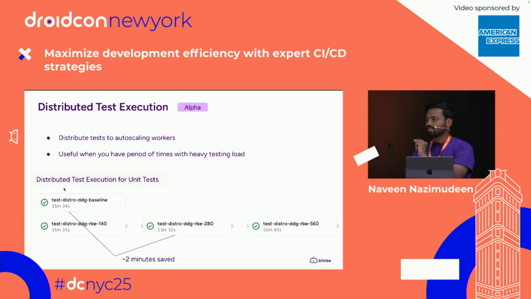This is an alpha right now within Bitrise, and we saw that we could gain 2 minutes for unit tests, which we could not make any gains previously in our parallel workflows. Because these are dedicated machines, we could gain that. And distributed test execution is useful if you have periods of time with heavy testing load. So then you can have these dedicated workers during that time, and it'll save you time per build.